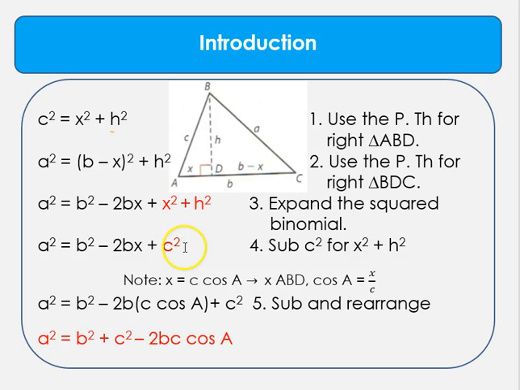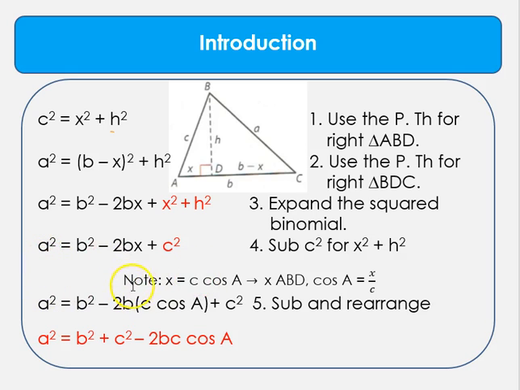Now if we go ahead and substitute c squared for what we have in red, the x squared plus h squared, we can now have a very usable equation.